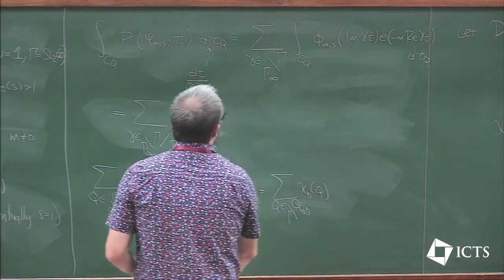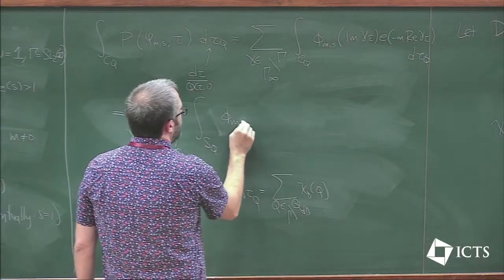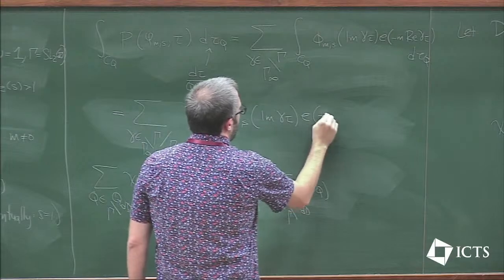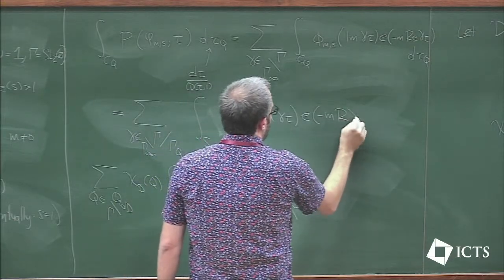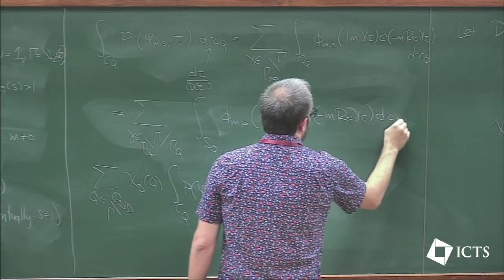Sorry about that. Let's write it: phi ms, imaginary part of gamma tau, e of minus m, real part of gamma tau, d tau q.